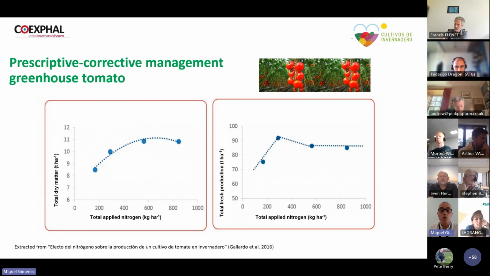But in terms of yield, in terms of commercial harvest, it is much more interesting to decrease the concentration of nitrogen in the nutrient solution, so you can be more efficient, not only from a production perspective, but also from an economical and financial point of view.